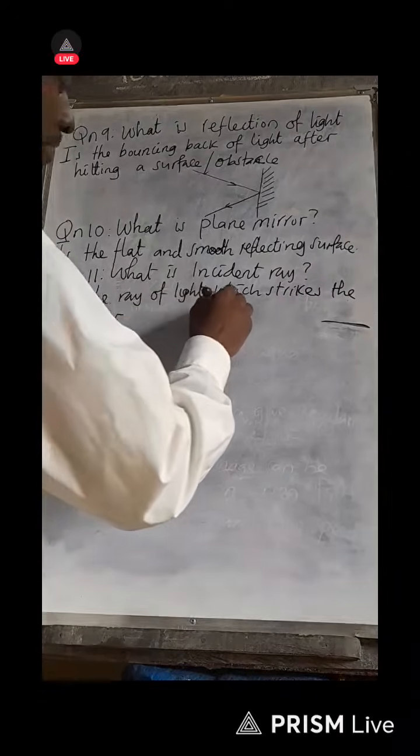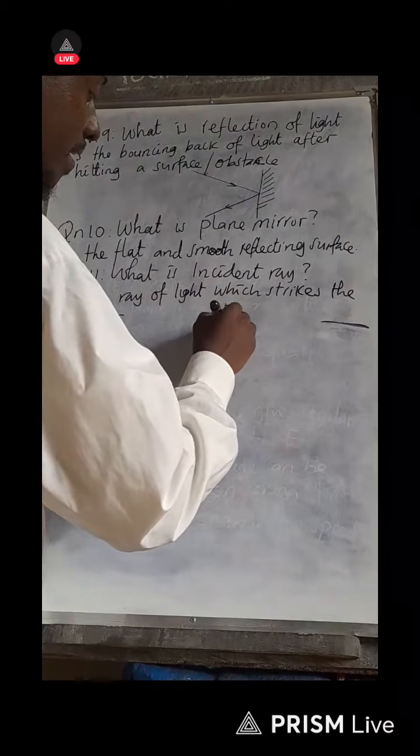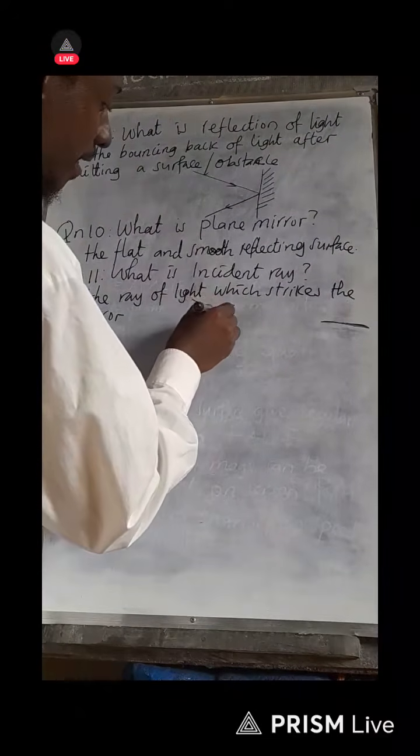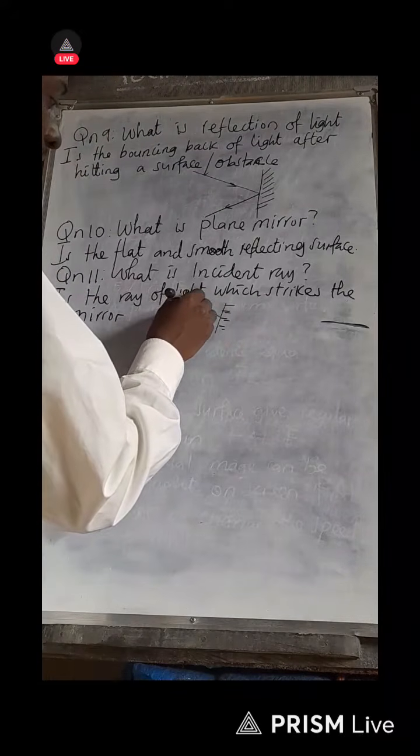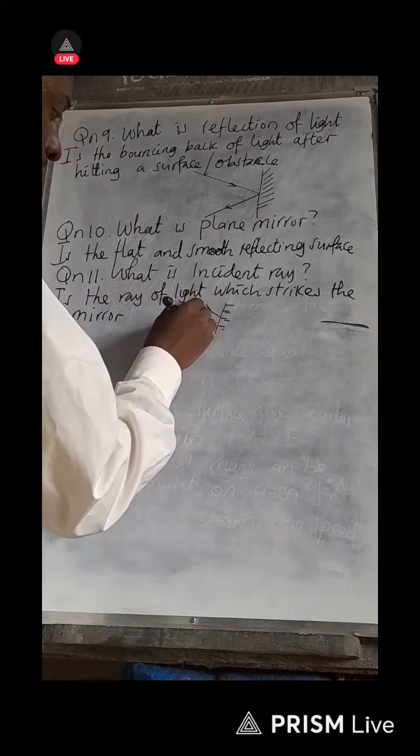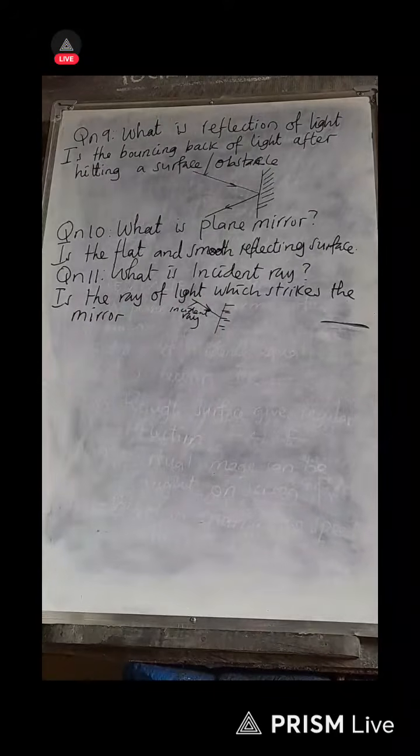So if you have the plane mirror here, this ray which is coming is what is known as the incident ray. So that ray of light that strikes the plane mirror, that is the correct answer.